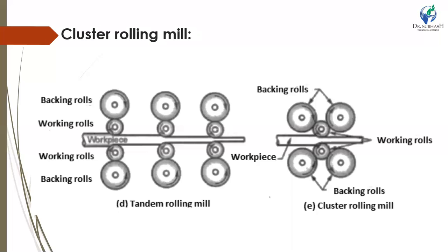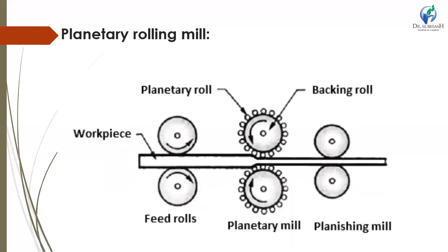For rolling hard thin materials, it is necessary to employ work rolls of small diameter but considerable length. In such cases, adequate support of the working roll can be obtained by using the cluster rolling mill.